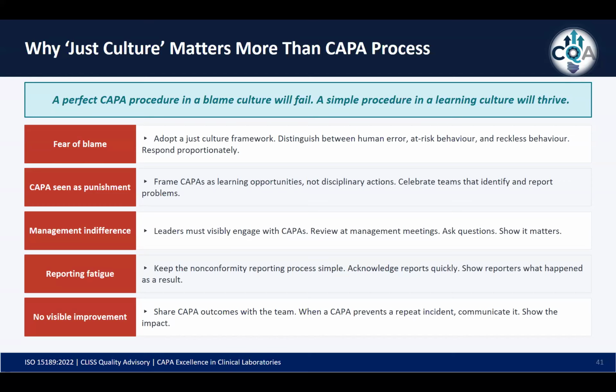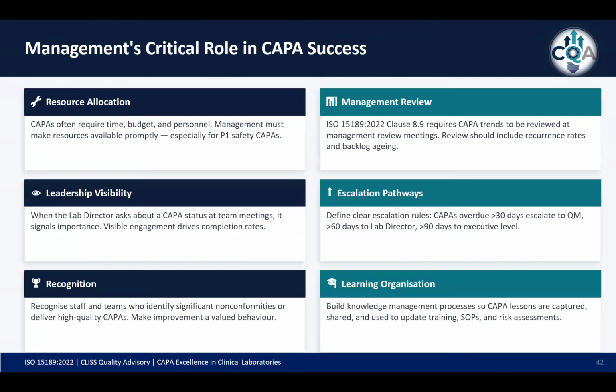And be able to demonstrate impact so that they are actually motivated to keep identifying issues and reporting them. And then share outcomes, like I said, with the team at every QA meeting or staff meeting, communicate and show them the impact.